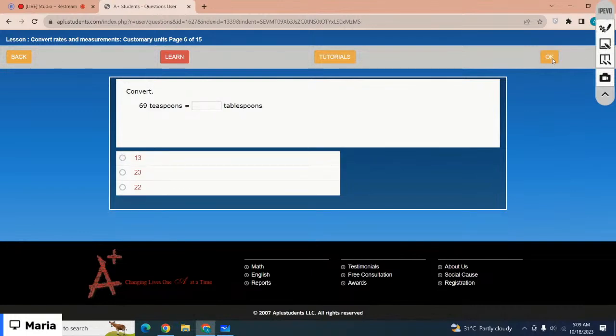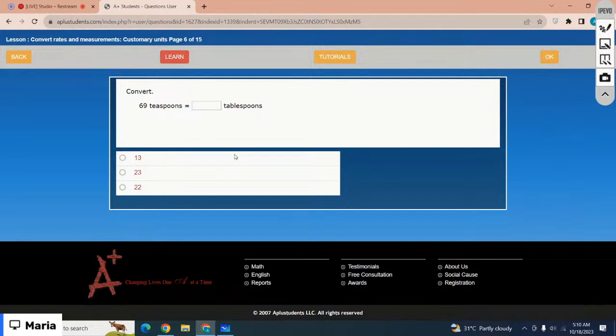69 teaspoons equal how many tablespoons? 1 tablespoon equals 3 teaspoons, right?